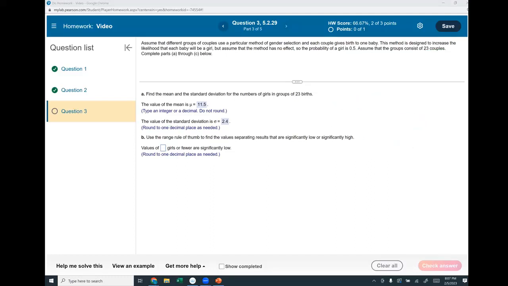All right. So use the range rule of thumb to find the values separating results that are significantly low or significantly high. Hopefully we remember that here in the middle, we have the mean, which is 11.5. And then from here to here is not significant.